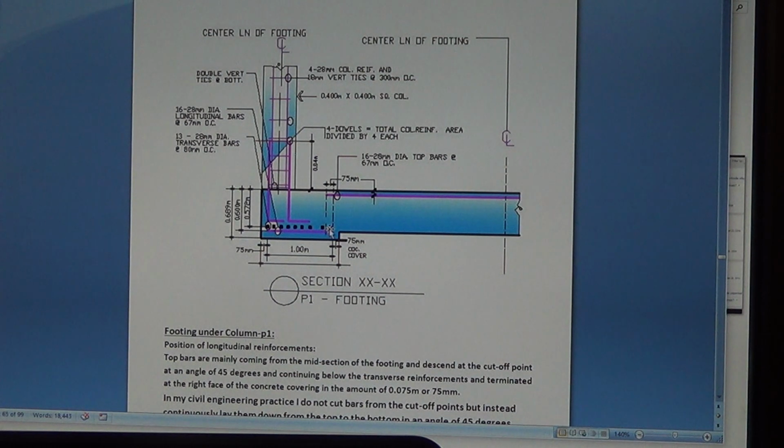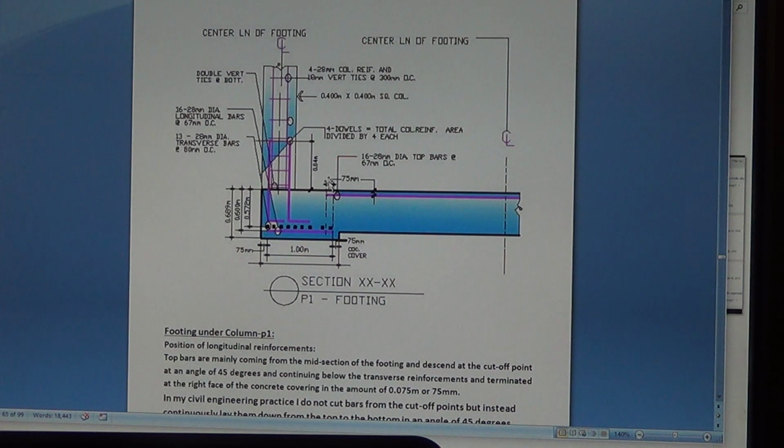And the cutoff point here, the lap between these two, see, you cut here, there's a lap distance here of, it's not 75 millimeter actually. That 75 millimeter there is the concrete covering. The lap distance is 1.5 feet.